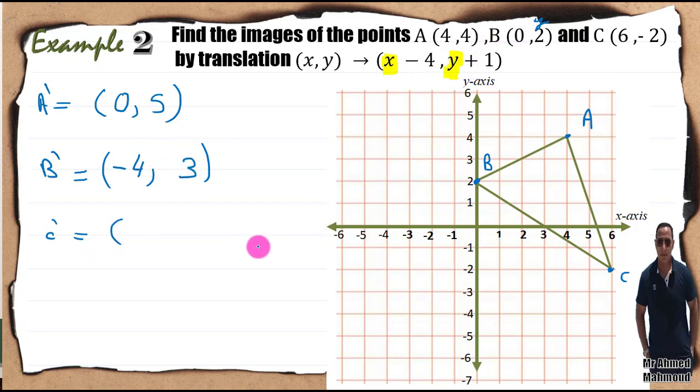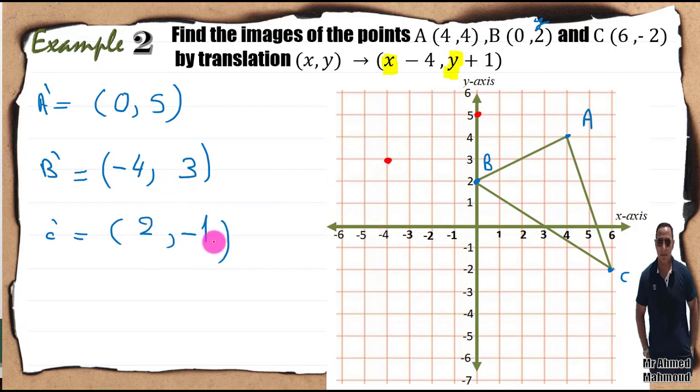C dash, 6 minus 4 equals 2, and negative 2 plus 1 equals negative 1. A dash is 0 and 5, so it is 0 and go up to 5. B dash, negative 4 and 3, negative 4 and go up to 3.